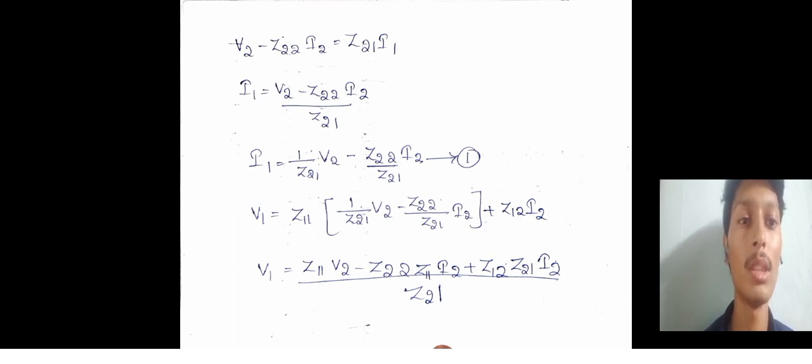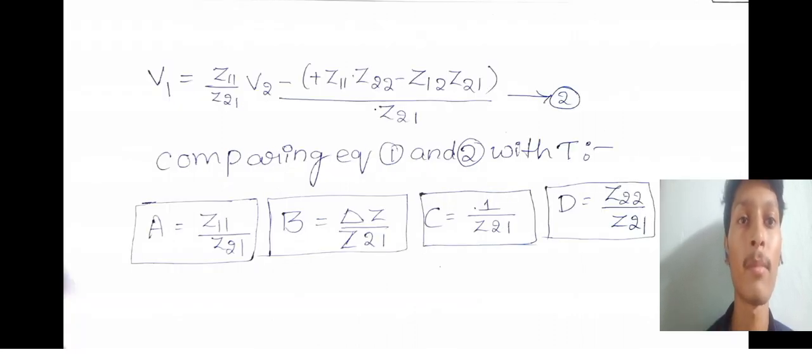From this we get V1 equals Z11 V2 minus Z22 Z11 I2 plus Z12 into Z21 I2 by Z21. We take LCM. Next from that we get V1 equals Z11 by Z21 V2 minus (Z11 into Z22 minus Z12 Z21) by Z21 I2.